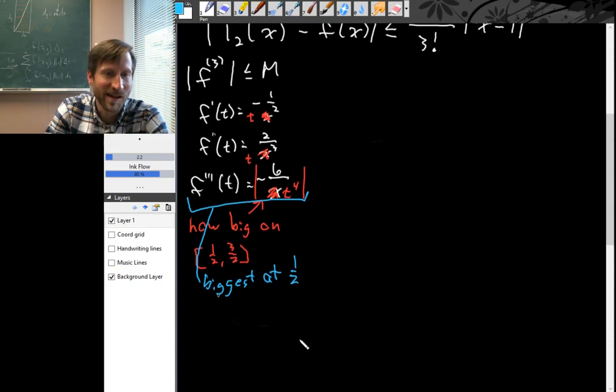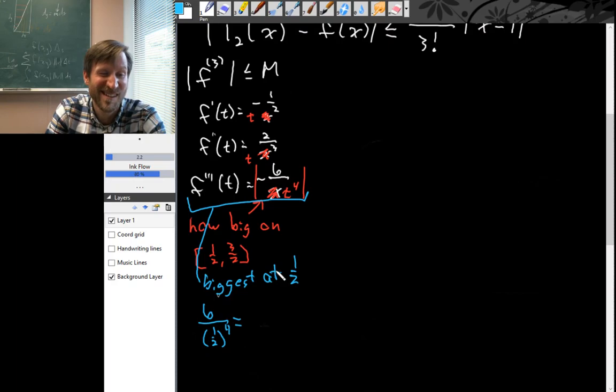So let's plug in a half. We get 6 over 1/2 to the fourth. 1/2 to the fourth is 1/16, so 6 times 16 is 96. And I've thrown away the minus sign because we took an absolute value.